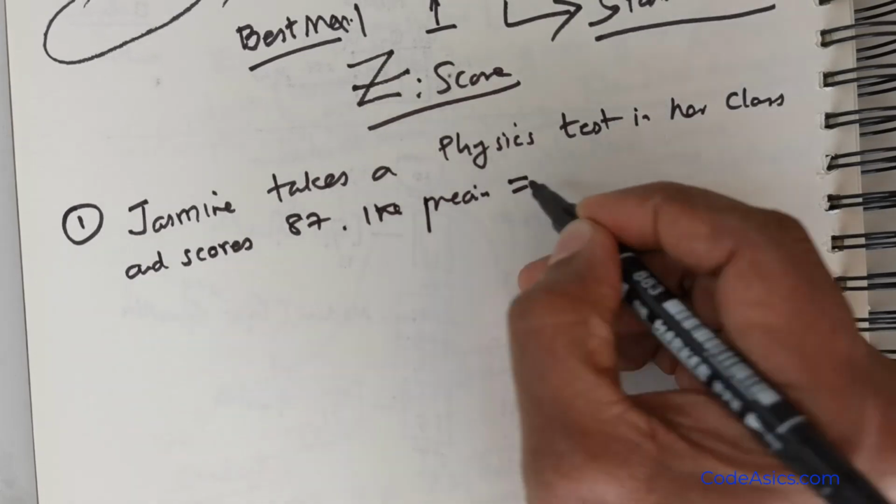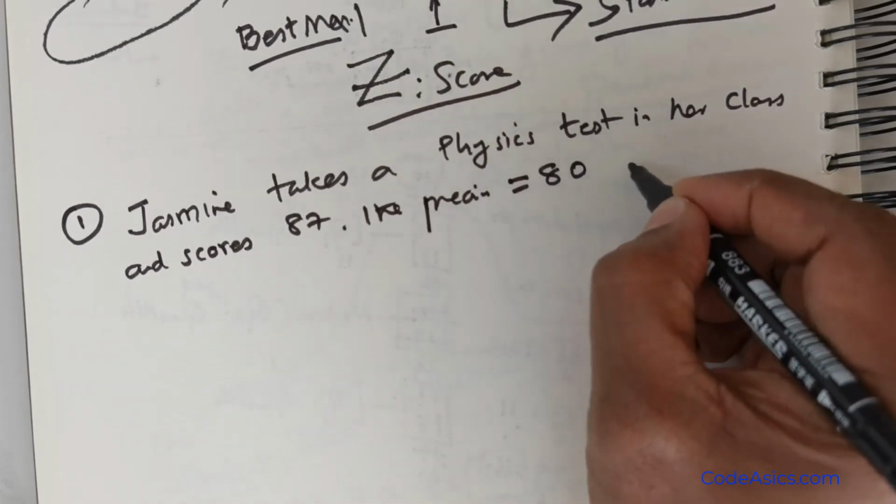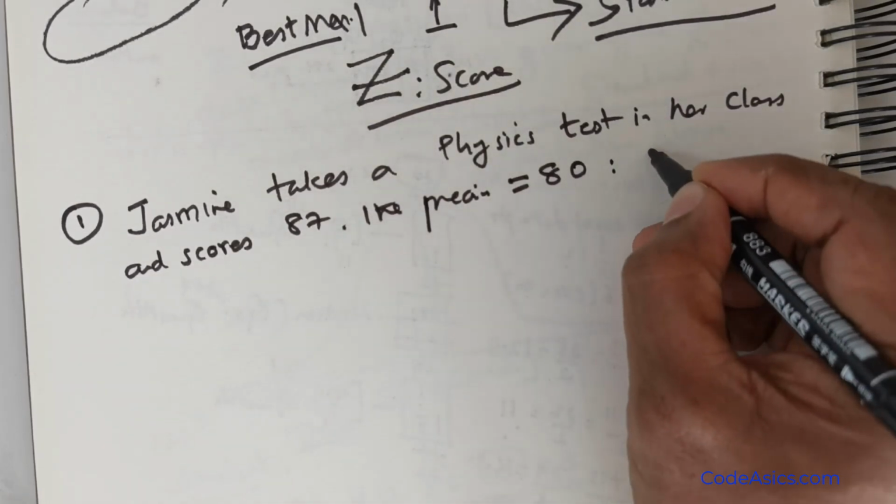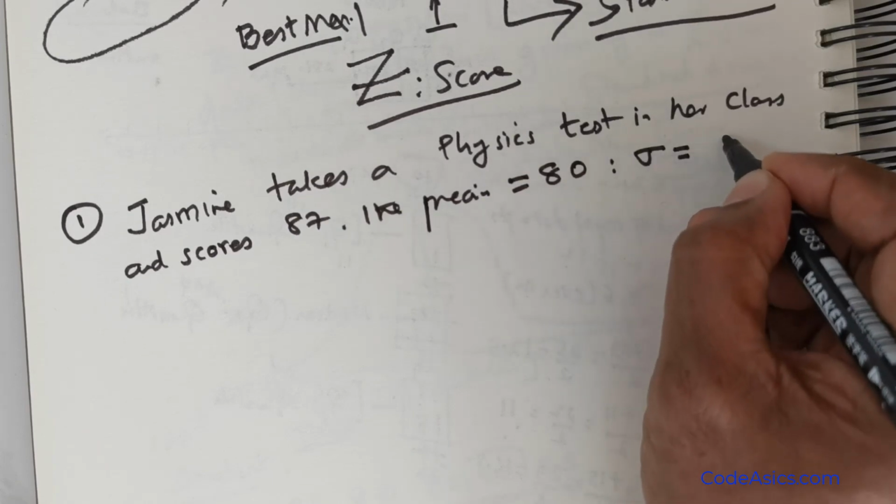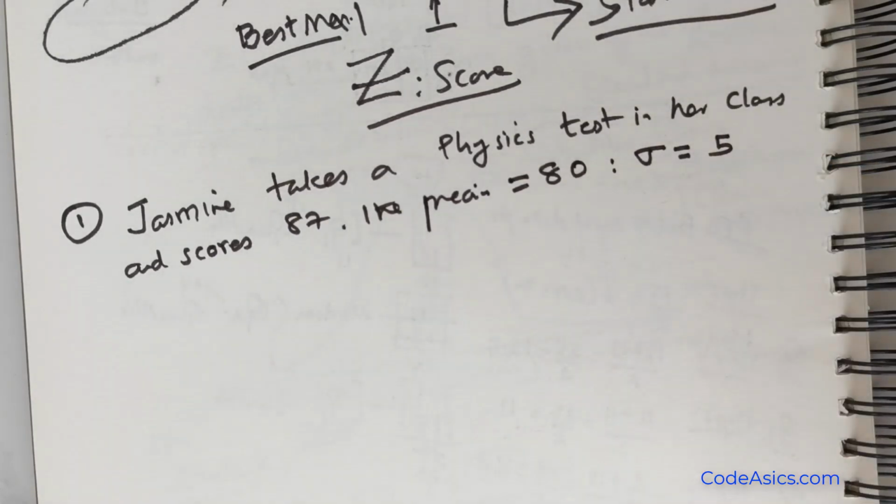The class mean score is 80 and the standard deviation is given to be 5. That would mean the majority of the people have got a score of 80 plus or minus 5.